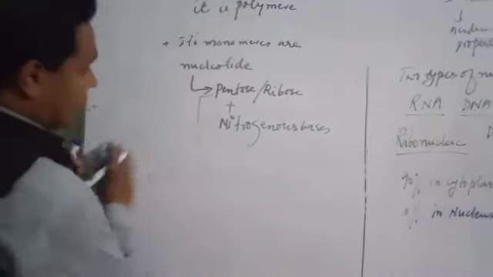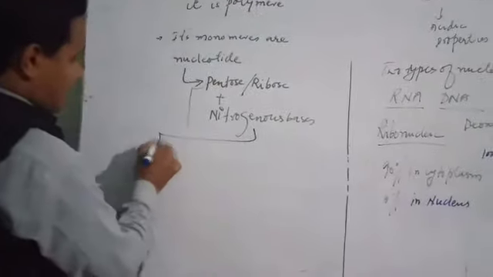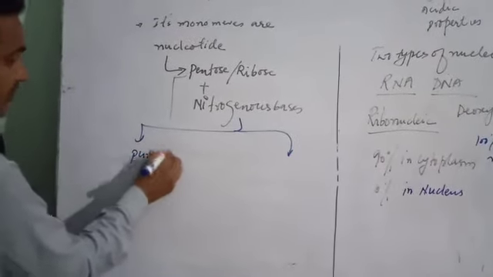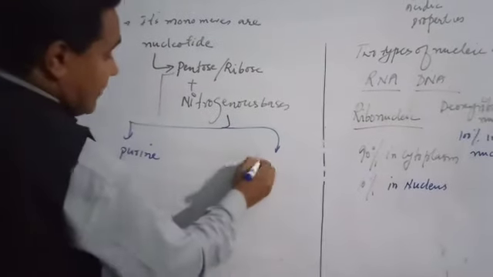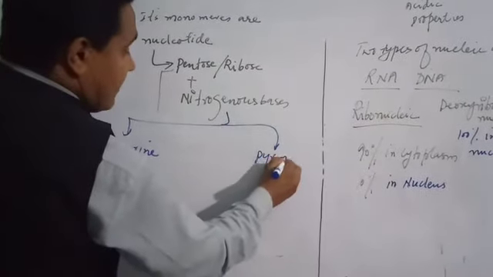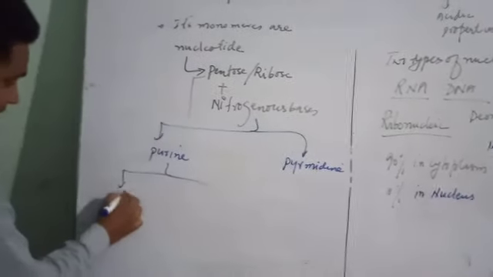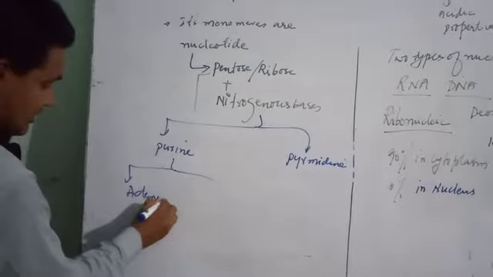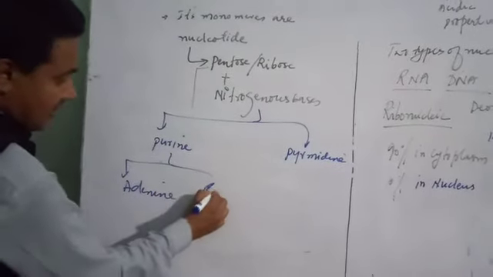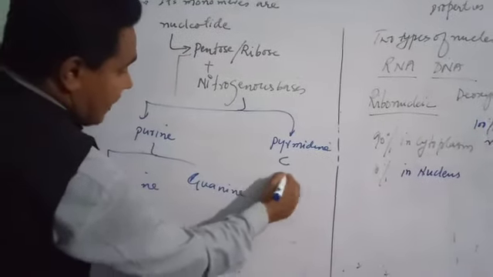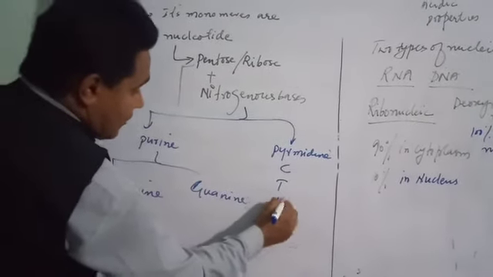And there are two types of nitrogenous bases. Number one is purine, number two is pyrimidine. Purines are adenine and guanine, and pyrimidines are cytosine, thymine, and uracil.